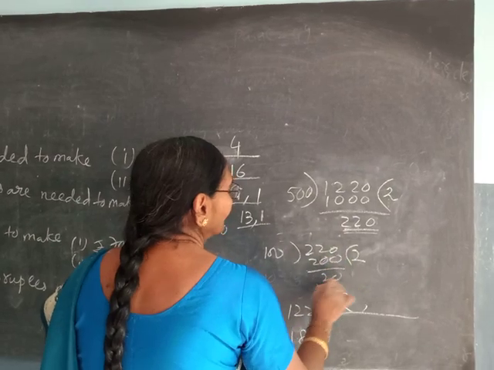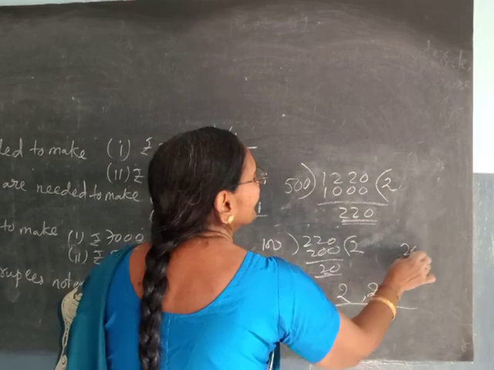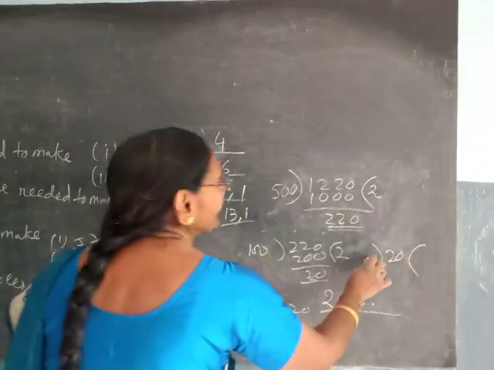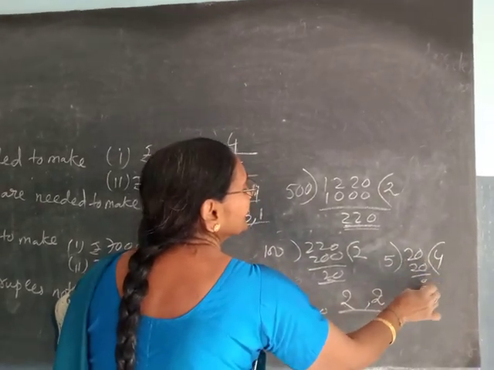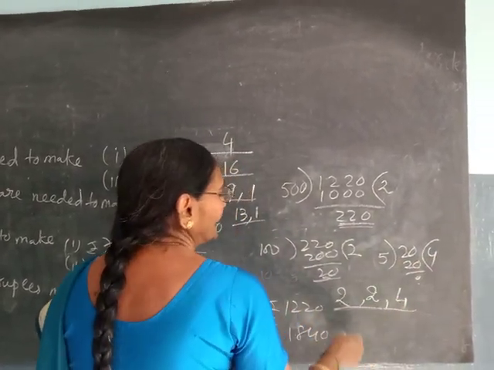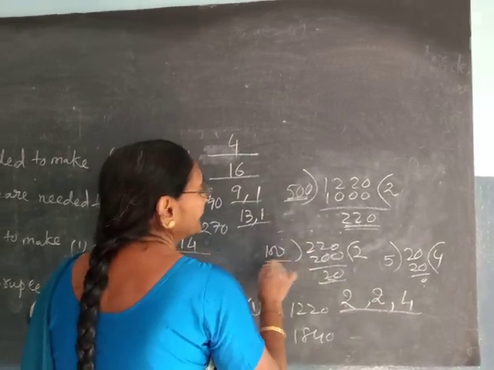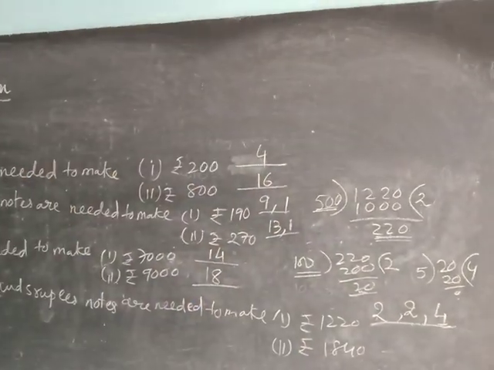Then how many 100 rupee notes are there? It is also 2. Then how much is left? 20. 20 left means how many 5 rupee notes are there? So you have to divide by 5. 5 4s are 20. That is 4. Do you understand this one? 2 notes of 500 rupees, 2 notes of 100 rupees, and 4 notes of 5 rupees. Like that, you have to divide with 3 numbers.